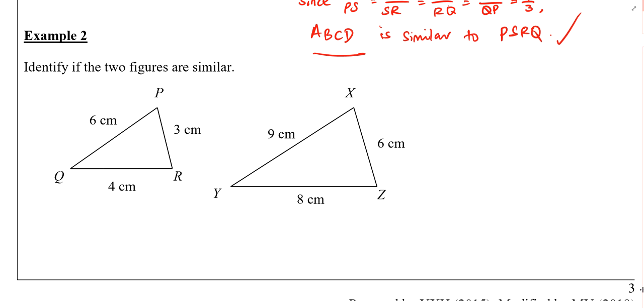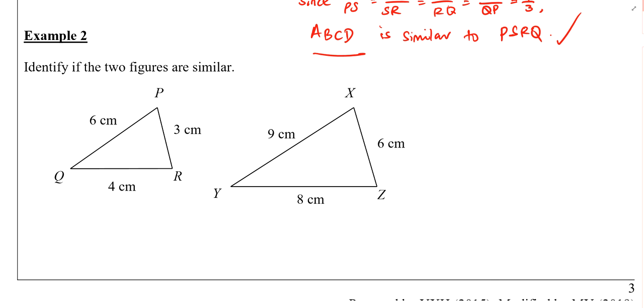Example 2, identify if the two figures are similar. Now your turn to try it by yourself. In the first place, since I am not sure whether they are similar, do I have corresponding sides?